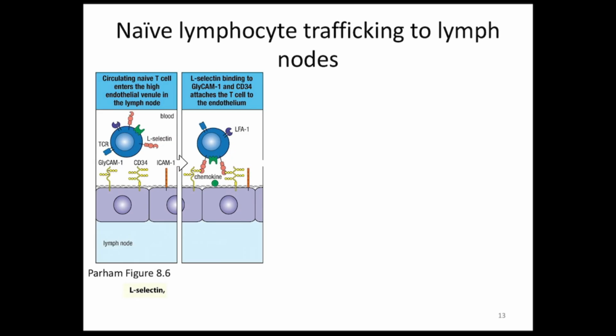If it's activated by hepatitis B, it might want to go to the liver. If it's activated by SARS-CoV-2, it wants to go to the lung. Whatever it's activated by, it wants to go to that tissue and deal with the pathogen. One of the biggest things that happens when a T cell becomes activated is that the T cell stops making L-selectin. So now, when that T cell becomes activated, it no longer makes L-selectin.